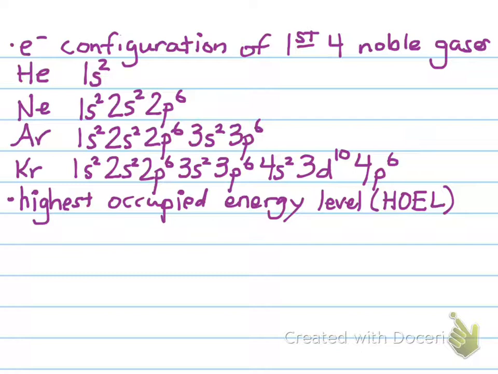So what I'm going to do is underline in red the highest occupied energy level. Remember, that's going to be the highest number. So in helium, it's just the 1s2. In neon, it's 2s2, 2p6. In argon, it's 3s2, 3p6. And in krypton, it's 4s2, 4p6. So that is our highest occupied energy level.